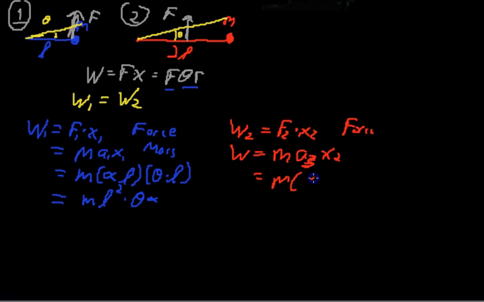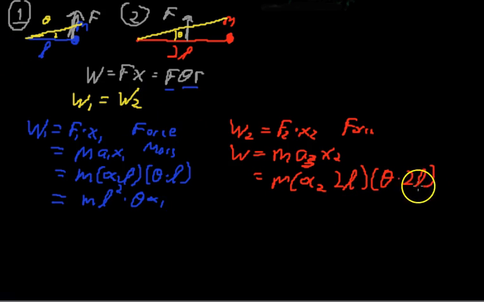We have m times alpha 2 times L, times 2L, and then we have theta, which is just the same for each of them, times 2L. Why times 2L? Because it's moving through a distance of 2L. And I'm just going to go back and label this an alpha 1.